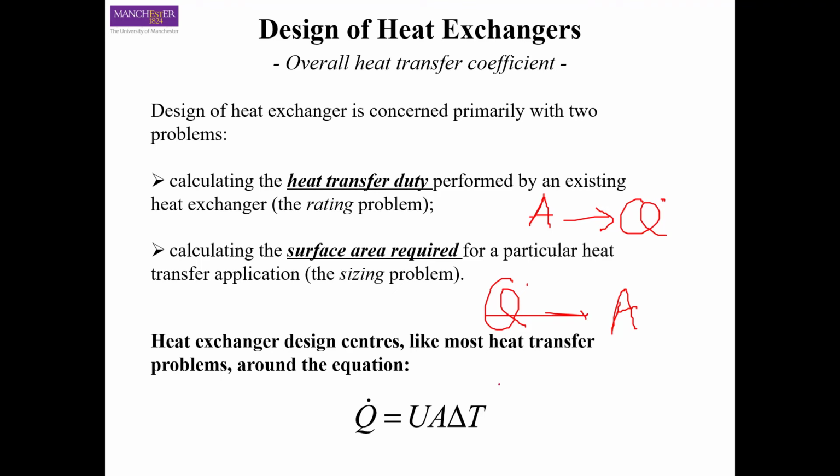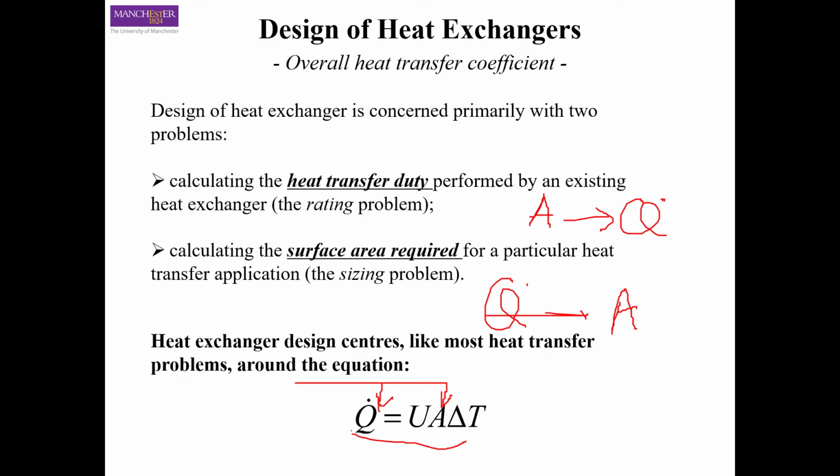In most heat exchanger design, and actually in any kind of heat transfer across a surface, we are mostly looking at this equation here. Here we have again Q and A. So of these two terms, either one of them is given or you need to calculate it.